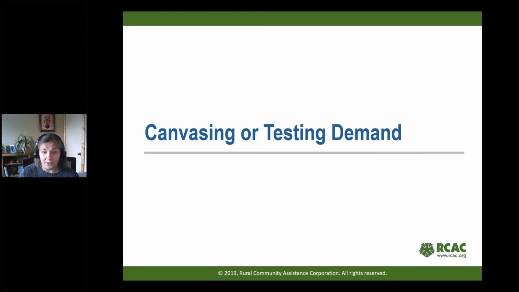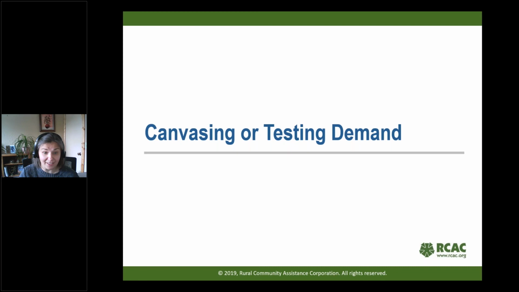Once you feel comfortable communicating your idea as a solution to a problem and then connecting with your customers using the pitch, it's time to start canvassing or surveying your customers. We use canvassing as another tool to test demand.